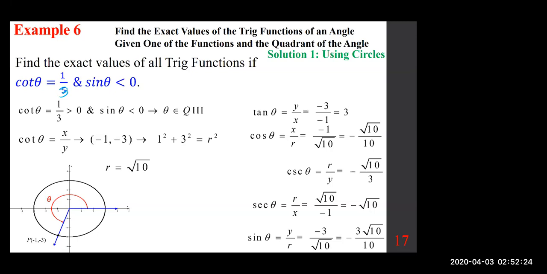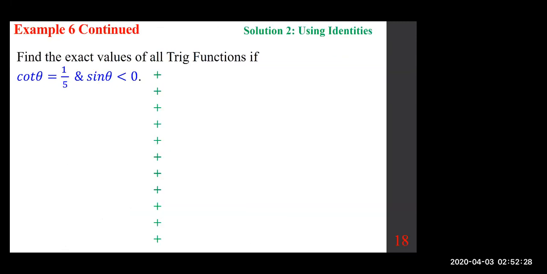All right. If you want to use identities, cotangent is 1/3, sine is less than 0. Anything comes to mind? We had 3 Pythagorean identities.